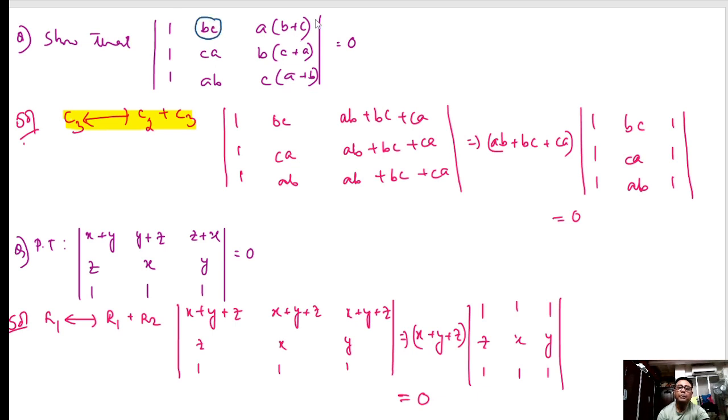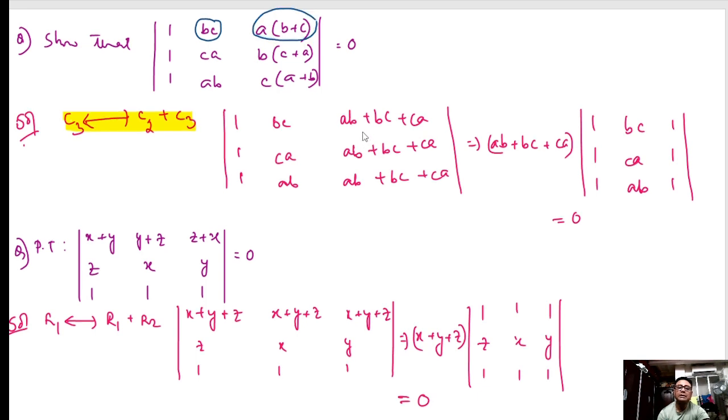This plus this we will do and put it in C3 here. Then we will do this plus this and put it in C3. Then this plus this, put it in C3. So this part becomes common, so it comes out. And now which property do we get? That if any two columns are the same, the answer is 0.